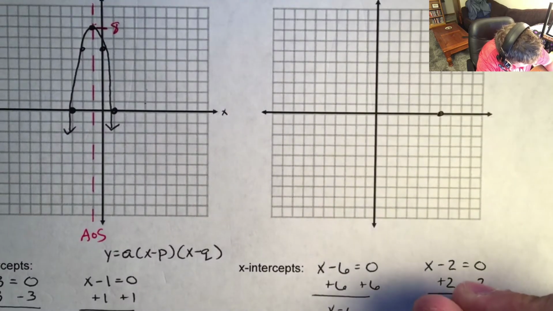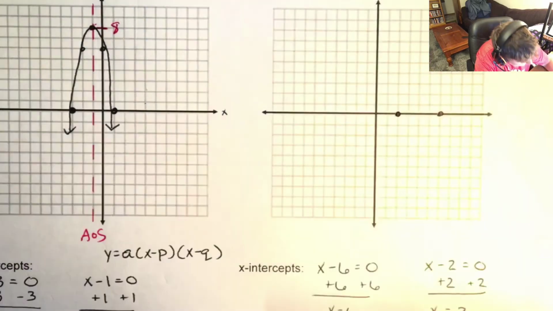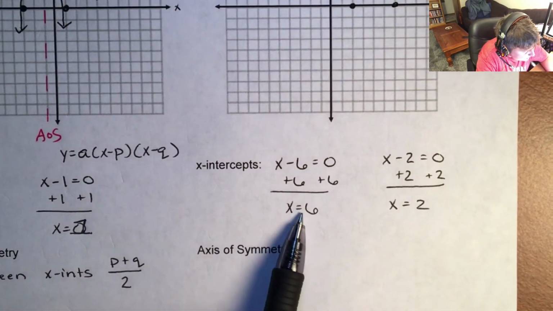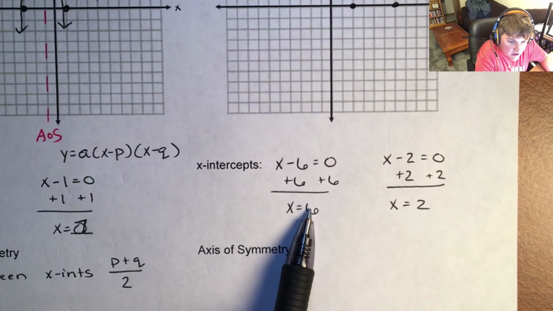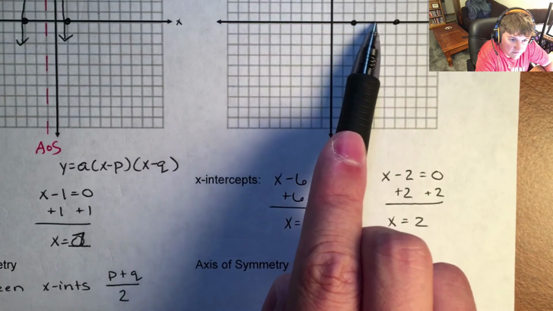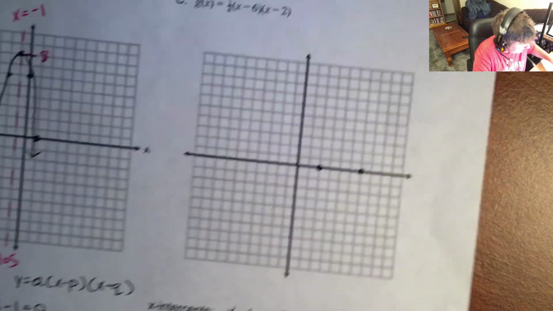Okay. X is 2. Okay, so then the next thing I want to do is find the axis of symmetry, which is the number directly in between 2 and 6. So the number between 2 and 6 is 4. So my axis of symmetry is x equals 4. Let's go ahead and graph that.